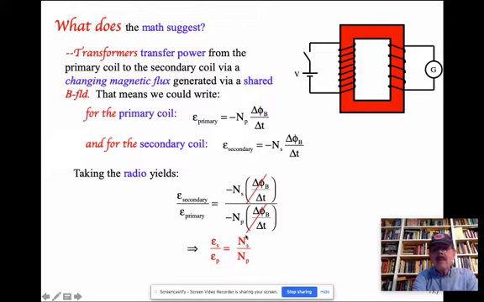That means if you have more turns in the secondary than in the primary, the EMF in the secondary is going to be bigger than in the primary. Which means you're basically stepping the voltage up in the secondary relative to the primary.